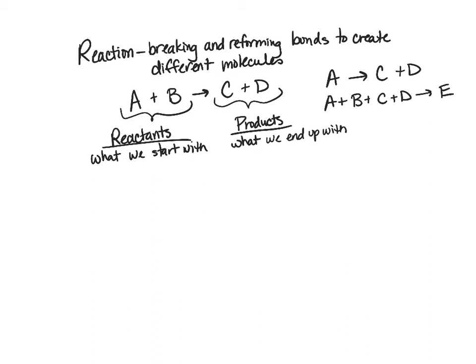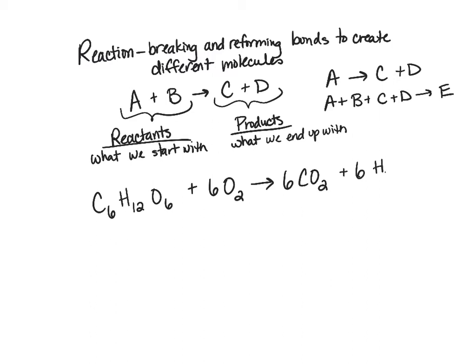So for example, a reaction that we're going to be taking a very close look at throughout the semester is C6H12O6, which is a complex sugar, which is glucose, plus 6 oxygen molecules goes to 6 carbon dioxide molecules, plus 6 water molecules.